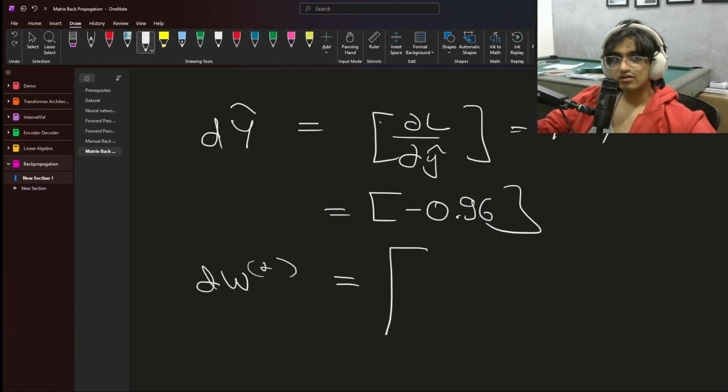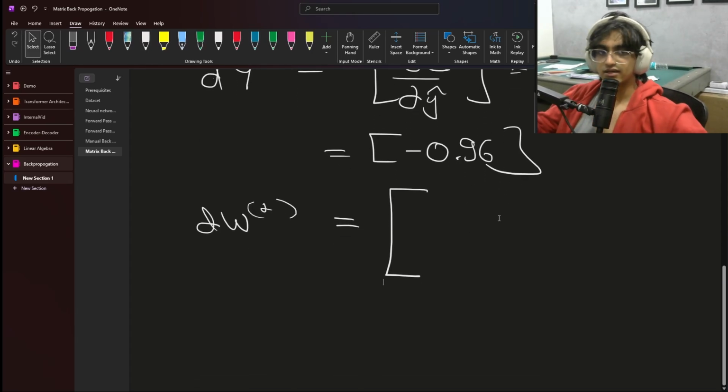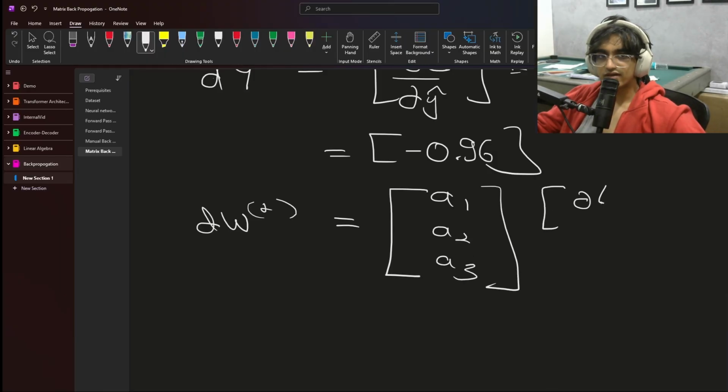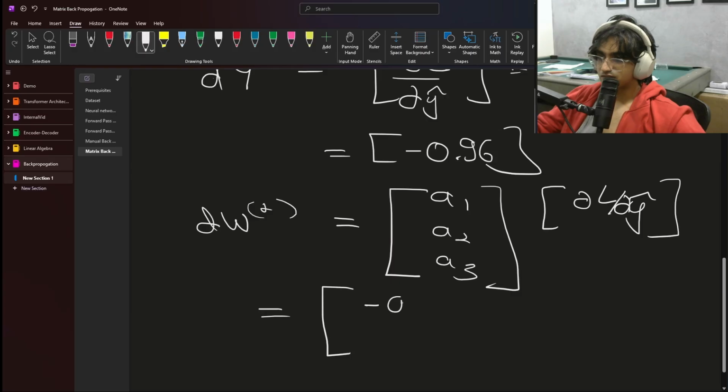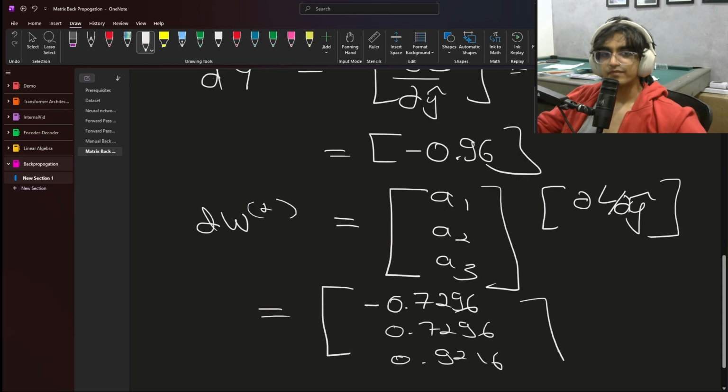Our dW2 would be a1, a2, a3 into the partial derivative with respect to y cap. So we get our values: 0.7296, positive 0.7296, and 0.9216.